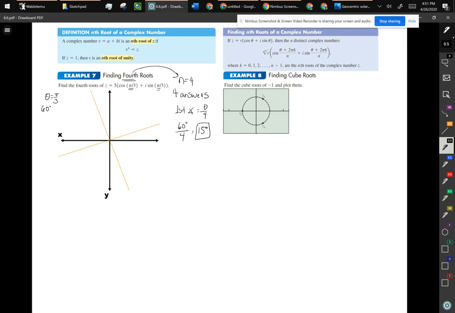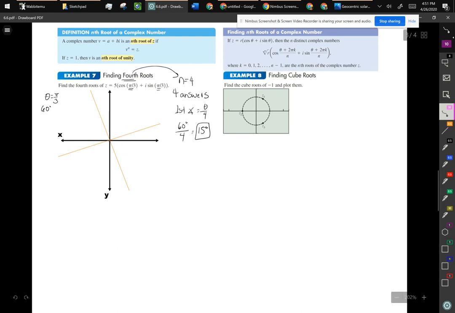And from our first angle, we also want to know how many degrees apart they are. Because we're looking at the complex plane, the angle going all the way around is 360.